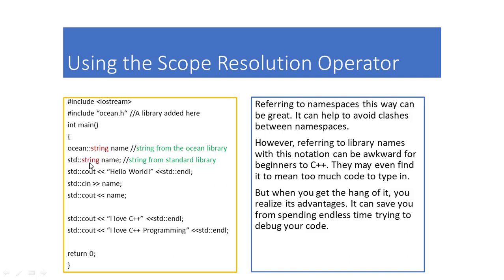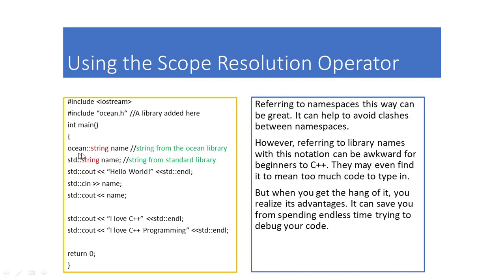Std::string name. String is from the standard library. Std::cout hello world, std::endline. So by using namespaces, we are able to avoid a clash between the string from the ocean library and the string from the standard library.